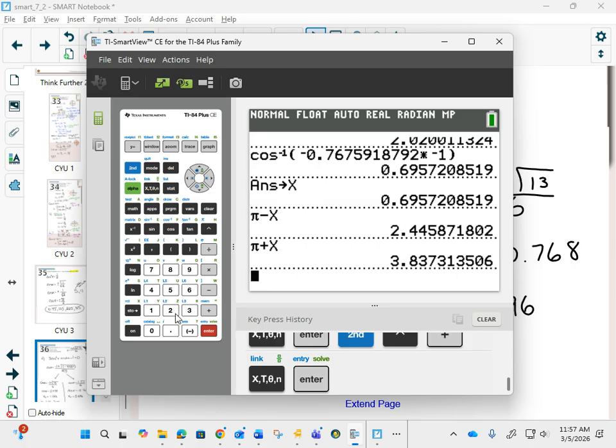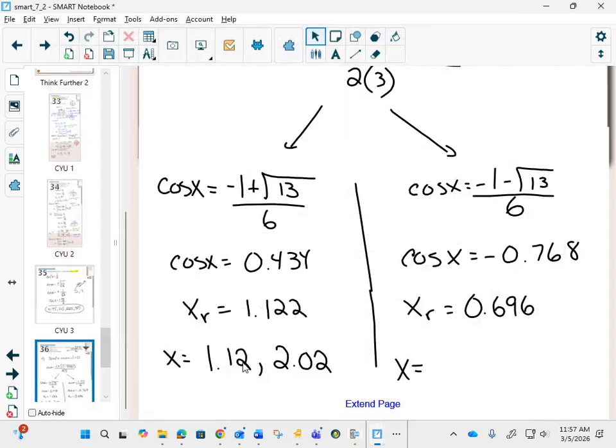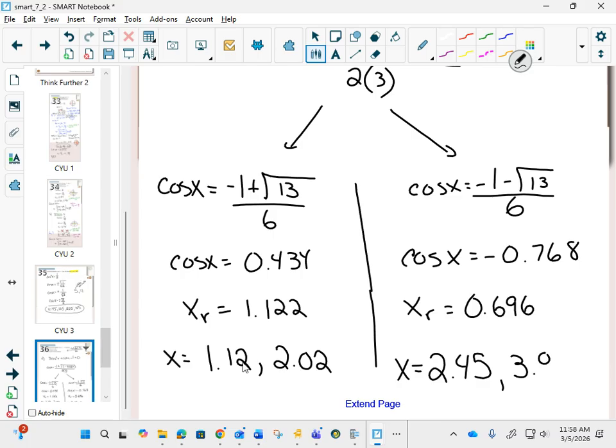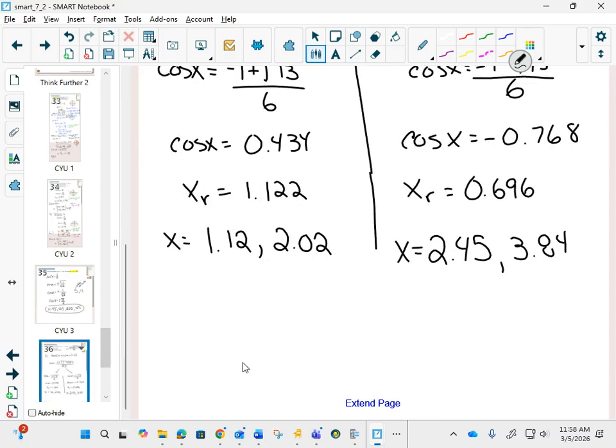To the nearest hundredth, 2.45, 3.84. And both of these are solutions between 0 and 2 pi.